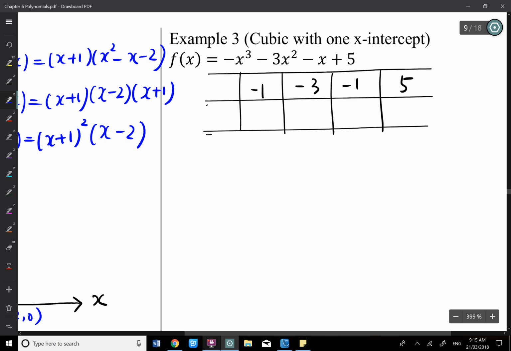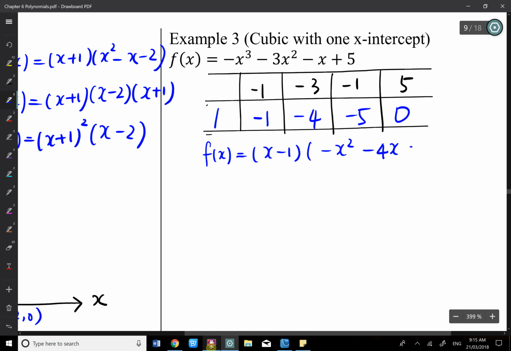We put -1, -4, -5, and 0. That's what we have. So my f(x) equals x minus 1 times minus x squared minus 4x minus 5. Well, it's a little bit annoying. I put the negative out. Negative, x minus 1, x squared plus 4x plus 5.